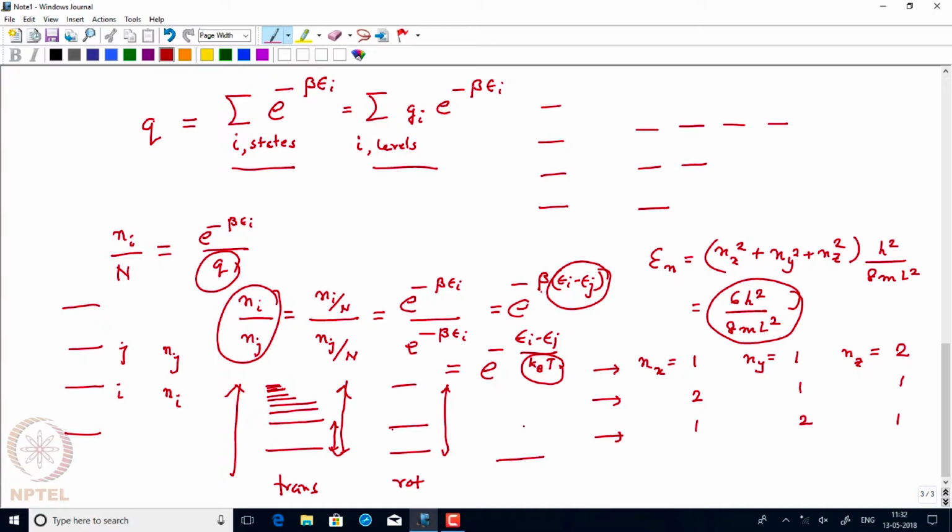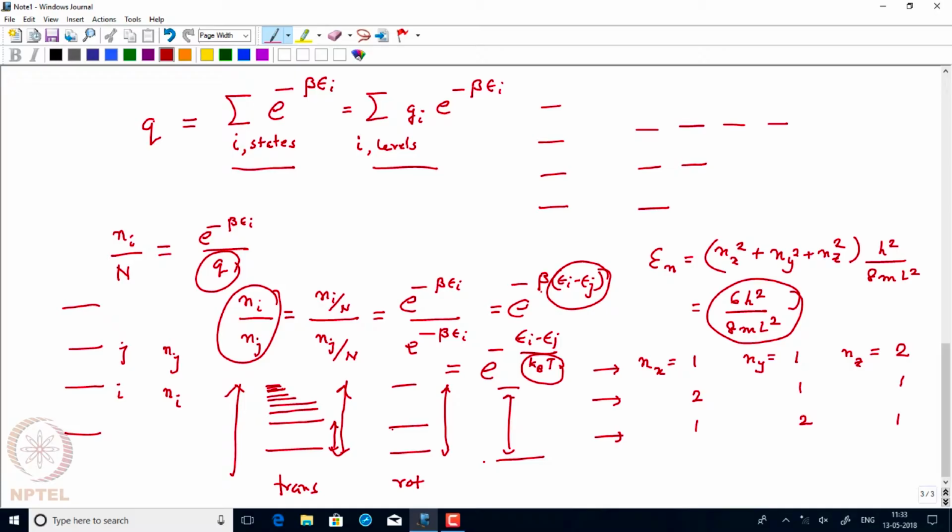But for vibrational energy levels, the energy gap is pretty big, and you can actually calculate this ratio. You do not need to know the total number of molecules, you can just calculate the fraction.